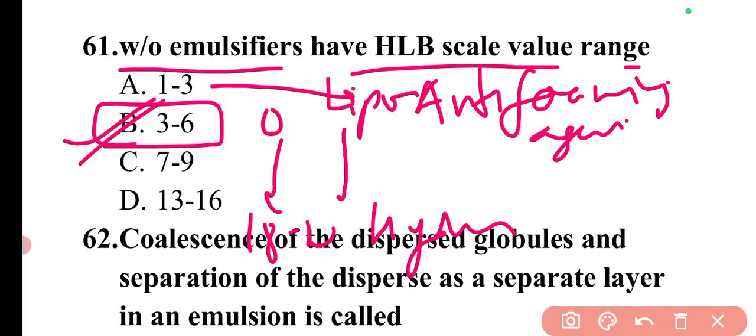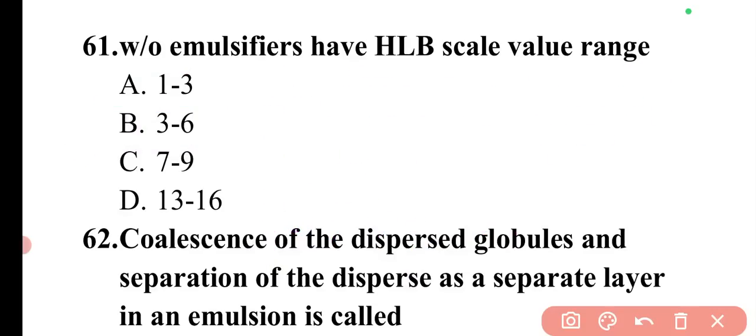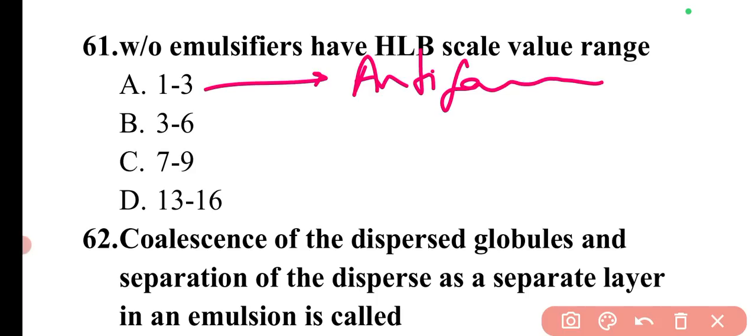So you will be able to easily remember the category of surfactants based on the HLB range. As it increases, the nature of the surfactant changes from lipophilic to hydrophilic. For example, from 1 to 3 it is anti-foaming, meaning it is oily in nature, so it will not form foams.